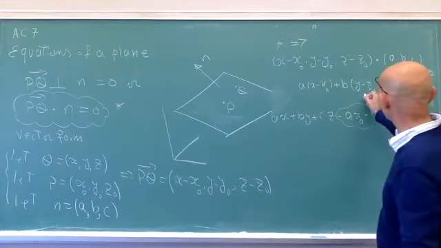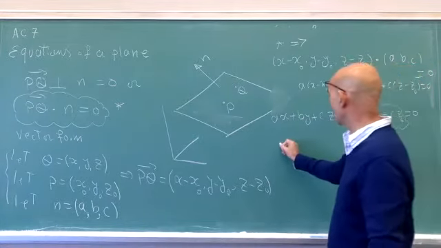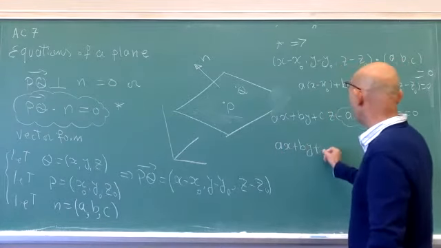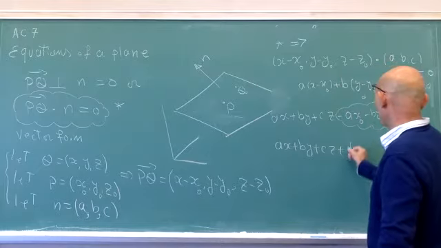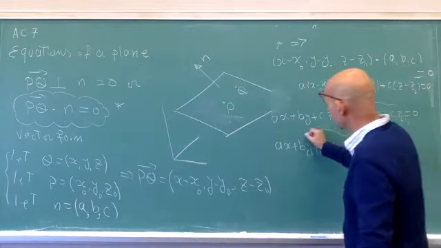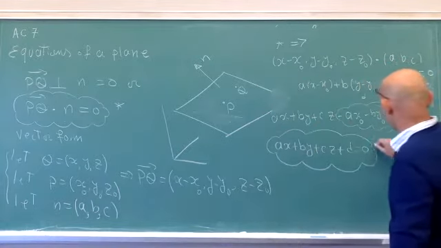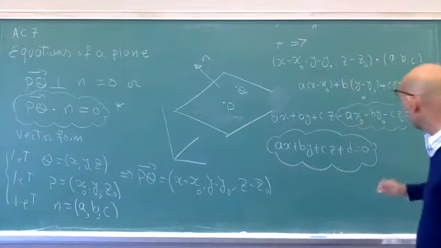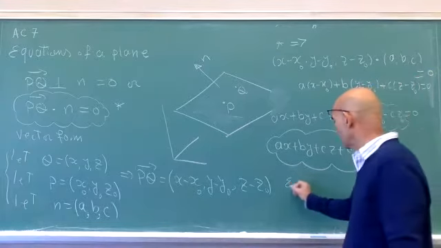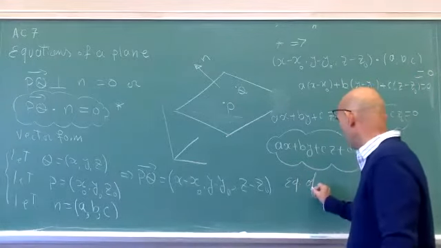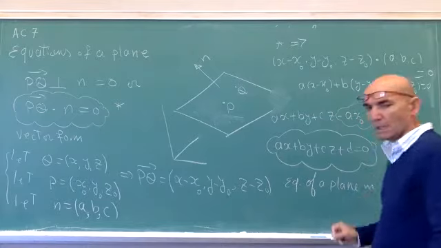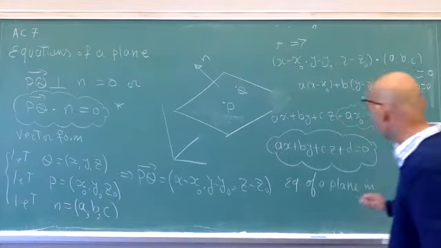Then the equation becomes Ax plus By plus Cz plus D is equal to 0. So this is the equation of a plane in Cartesian coordinates.